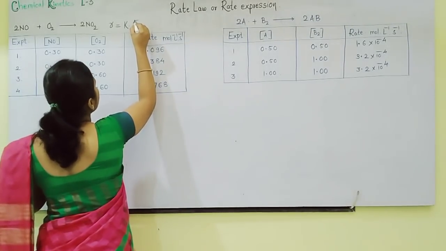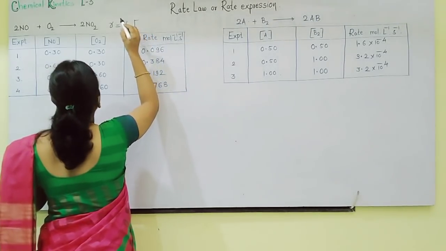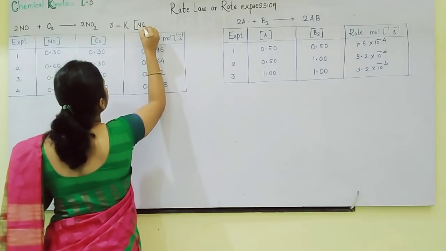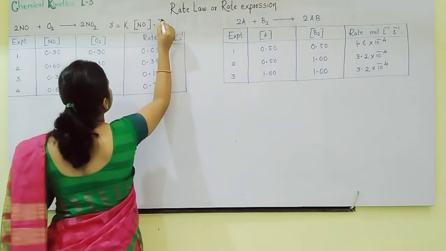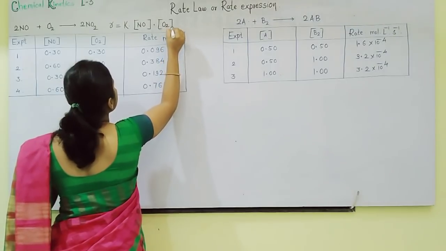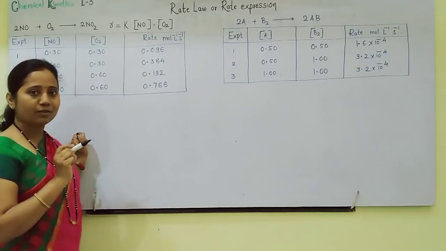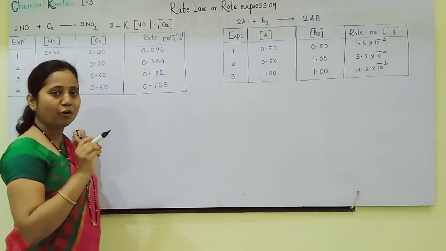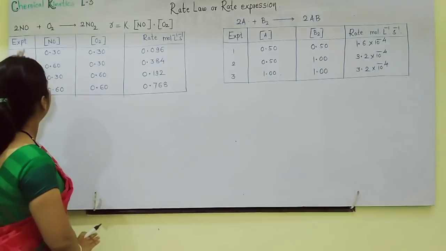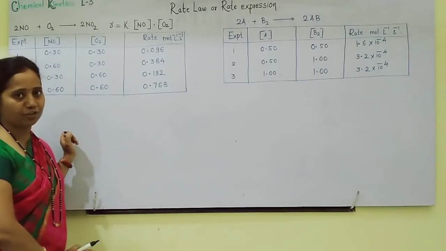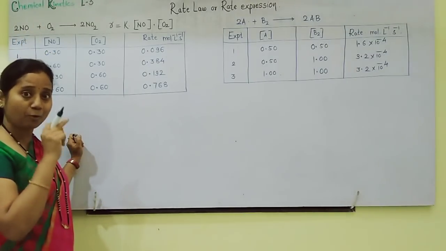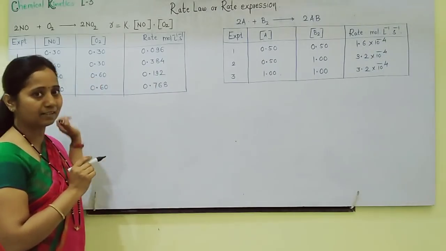So I will write molar concentration of reactants only. NO is one of the reactants. Another reactant is oxygen. Raised to some power which may or may not be the same as the balanced chemical equation. So I also don't know those powers. Those powers we have to find out from the given data.